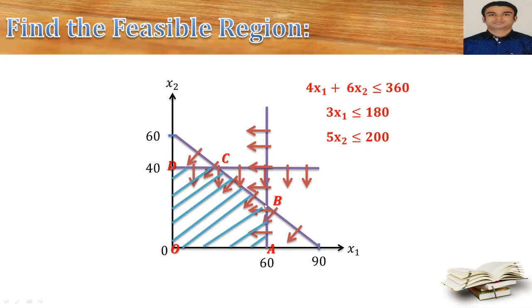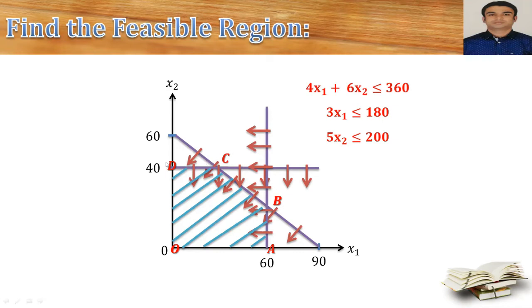So, to find the value of B, solve both linear equations and determine the value of B. Similarly, point C lies on the line 4x1 plus 6x2 is greater than or equal to 360 and 5x2 is greater than or equal to 200. Point C is the intersection of those two lines. So solve those two lines and find the value of C.